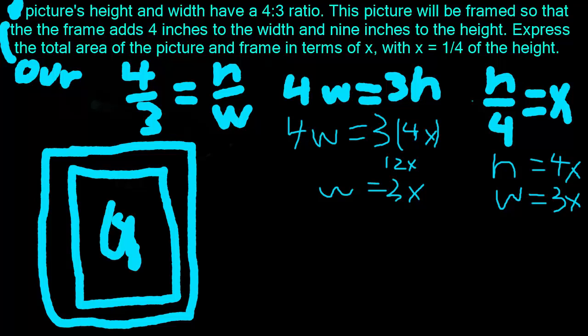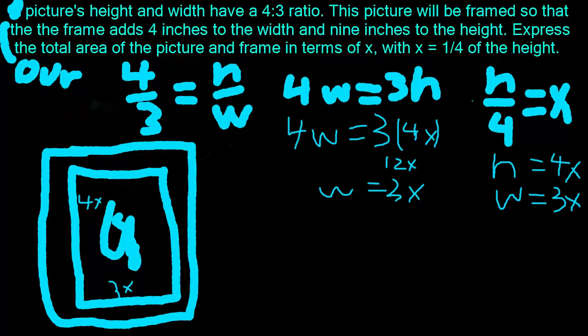So that's just for our picture, our nice picture here, very artistic. 4x is pointing to the height, and then 3x. Now we have to take into account the frame here, because it's asking for the area of the picture and frame.